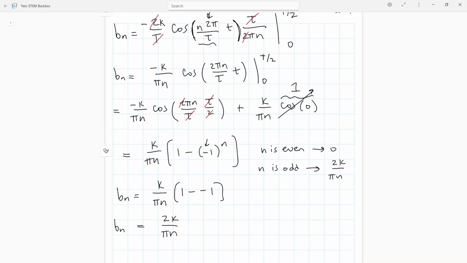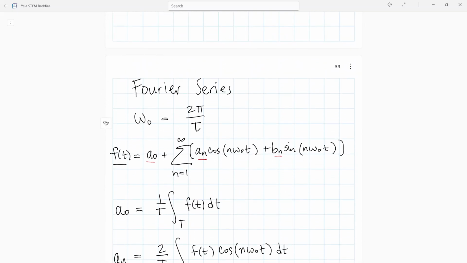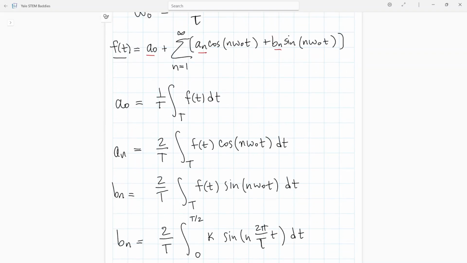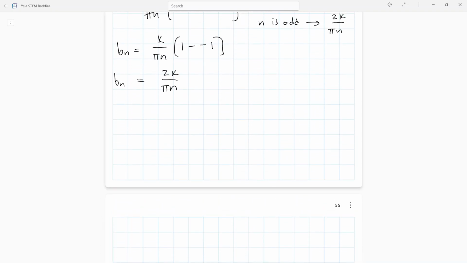Now that we've solved for our b coefficients, let's make this synthesis. We're going to put this together and represent f of t using this summation notation. So f of t is going to equal, what was our a sub 0? Remember, that was just k over 2.